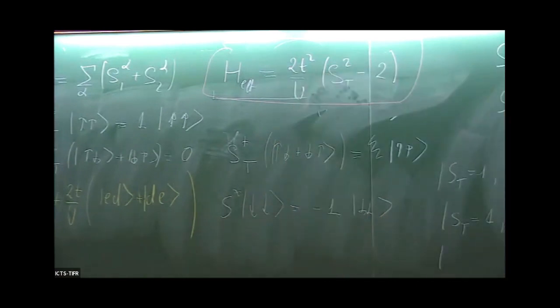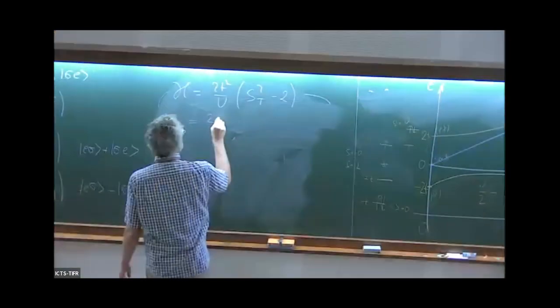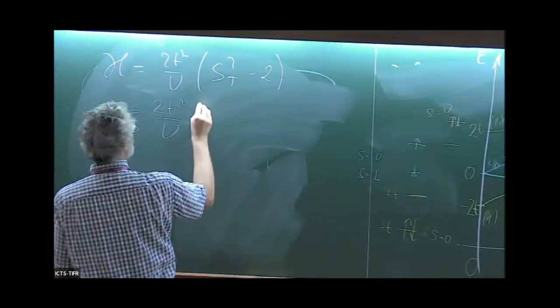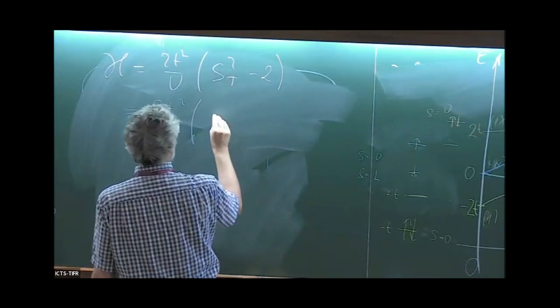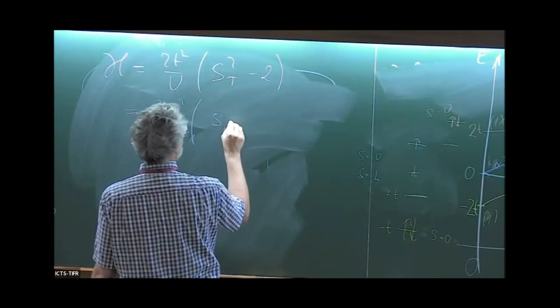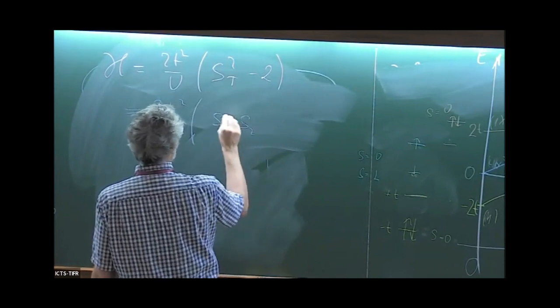So S squared minus 2. So the H is 2t squared over U, S total squared minus 2. This is the Hamiltonian. I expand this, 2t squared over U, and here this is like S1 plus S2.